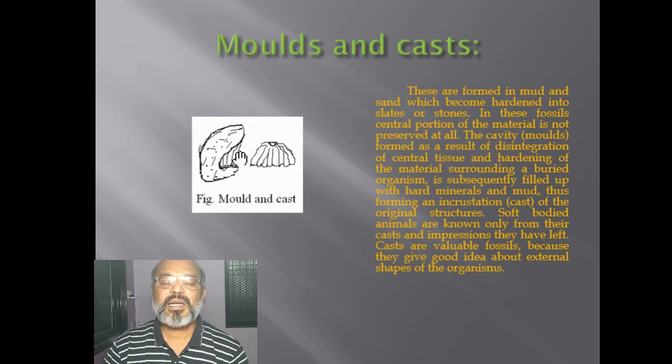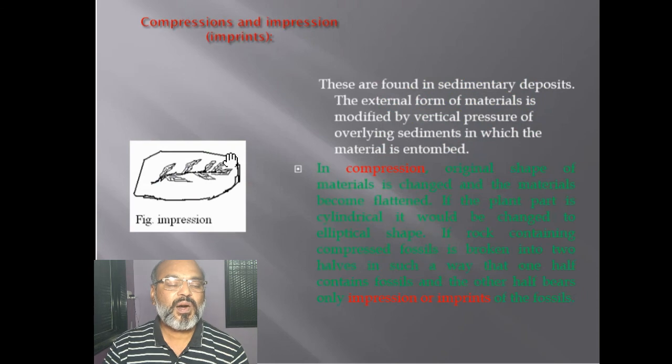That cavity is called the mold, and the internal parts which are replaced by hard minerals and converted into stones are called the cast. Thus molds and casts also show evidence in support of organic evolution.